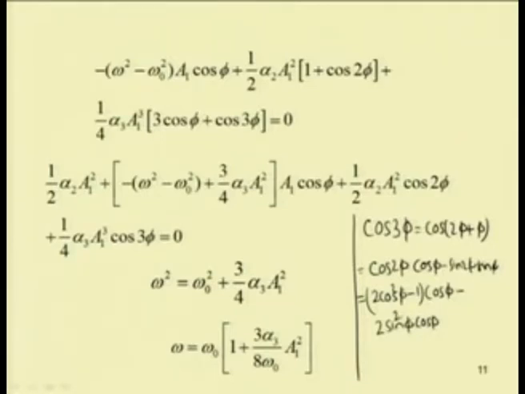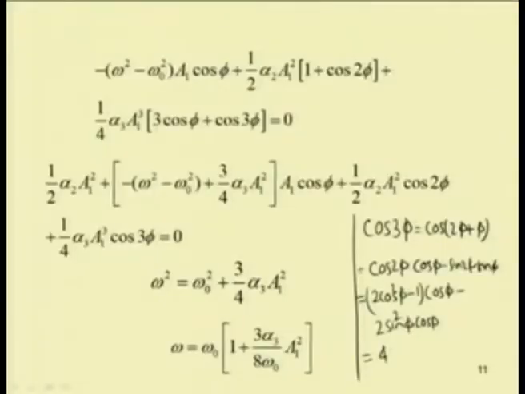So, this becomes 2 sin square phi, and we can substitute sin square phi equal to 1 minus cos square phi. So, we can write cos 3 phi equal to 4 cos cube phi minus 3 cos phi.